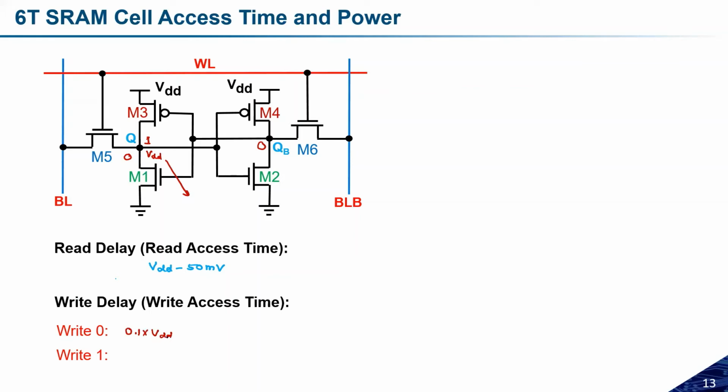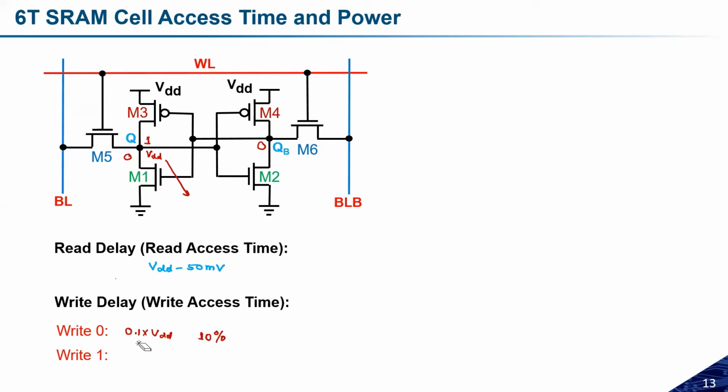Whatever time it takes to discharge up to this value is known as the write zero delay, or simply 10% of its initial value if I'm writing 0. So while writing 0, I have to calculate the time taken to reach 10% of its initial value. Initially, the value at Q was 1, so 10% of this will be 0.1 times VDD. So this is how we can calculate it.